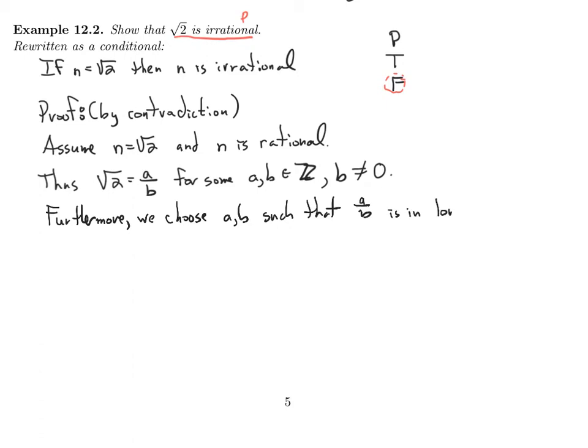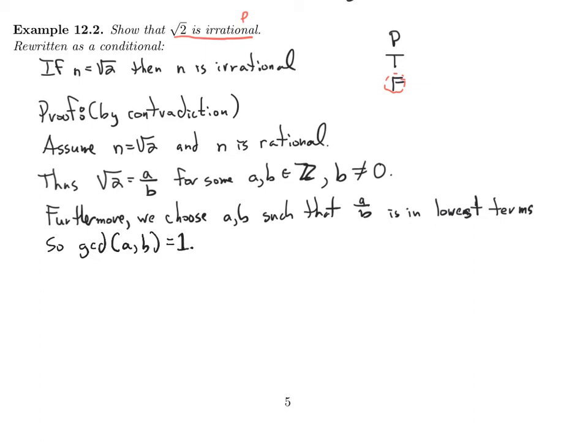And what does that mean? It means that there's no common factors between a and b. There's nothing we can cancel out. Which means that the greatest common divisor, the greatest common factor of a and b, is 1. There's no non-unit factor. So the GCD, greatest common divisor, of a and b is 1.